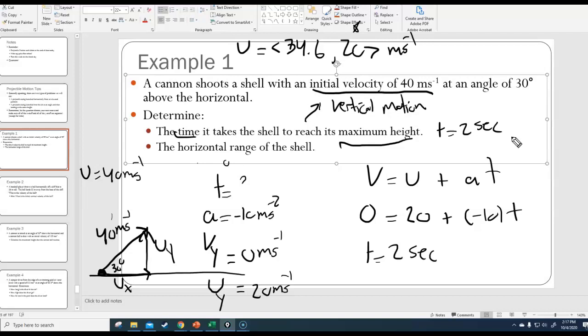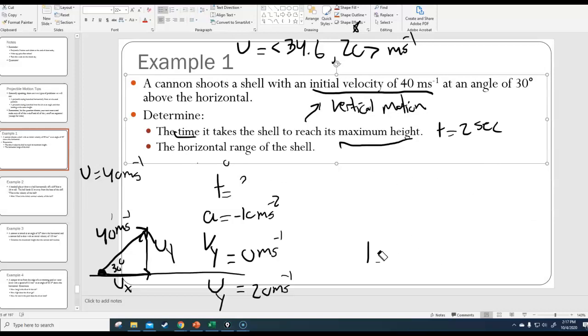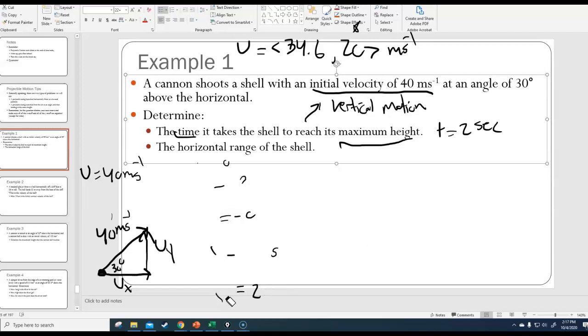Okay, so my second question says, determine the horizontal range of the shell. Horizontal range is basically how far does the shell go horizontally. Okay, so I'm going to erase some of this. I'm going to go back to my picture. Remember, what's going to happen is the shell is going to go up and then it's going to come back down.